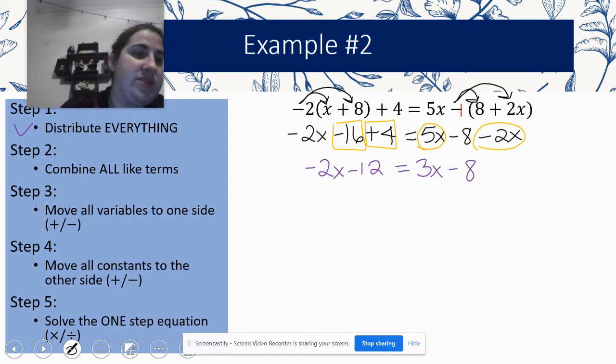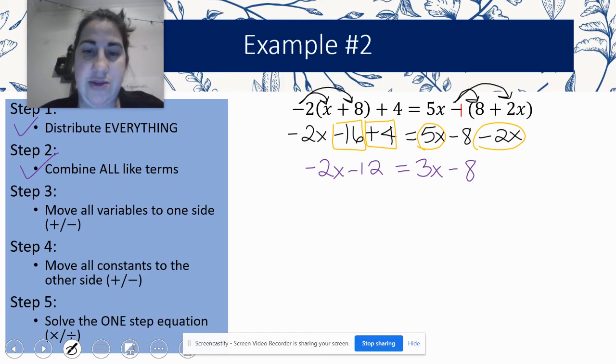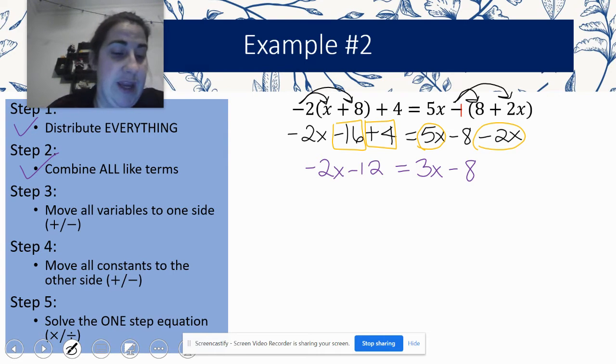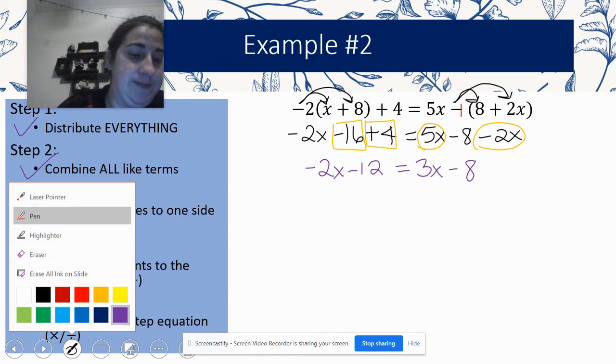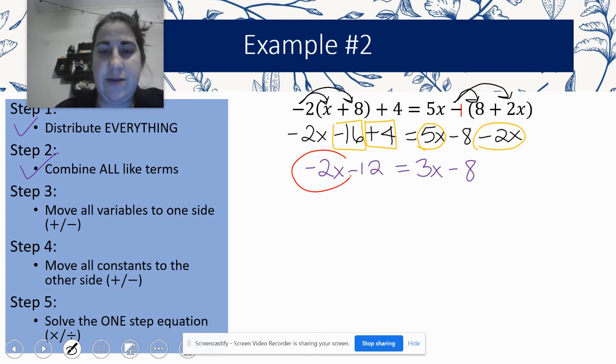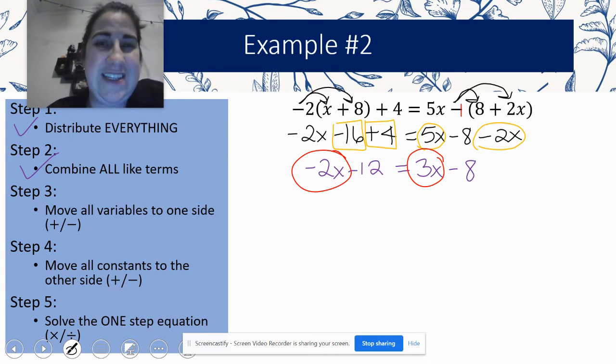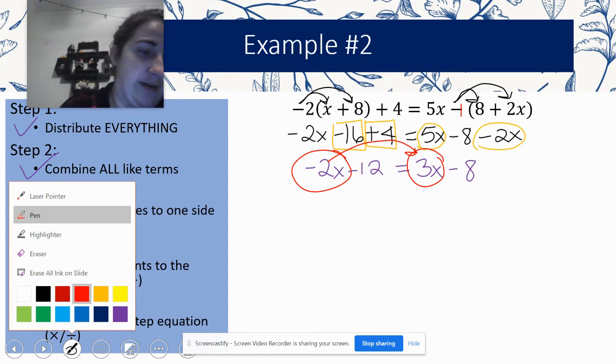Okay, so I've just done step 1 and step 2, and now I need to do step 3, which is moving the variables. So I can either move the negative 2x, or I can move the 3x. Since this negative 2 is negative, I'm going to move it to this side. So let's clear up.